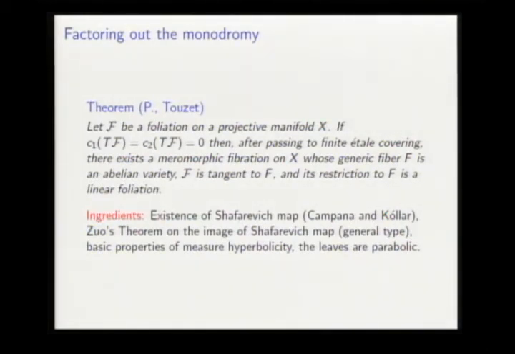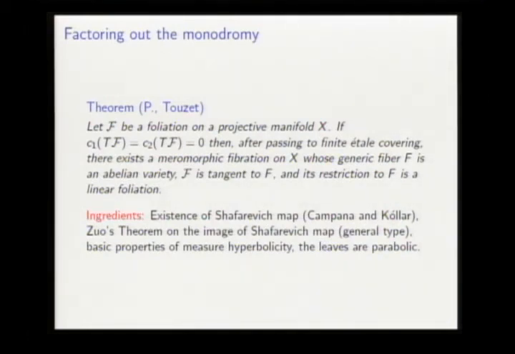If you start with some representation, there is this thing called the Shafarevich map, established by Campana and Kollár, which produces a map for free, such that over the general fiber, the representation is finite. This is something very particular, and uses the property that the space of subvarieties of a variety is still a variety.